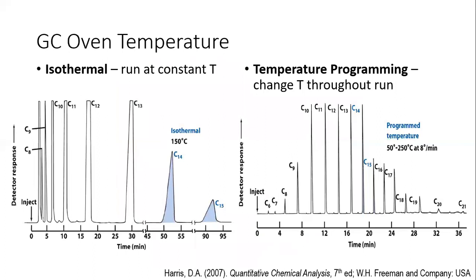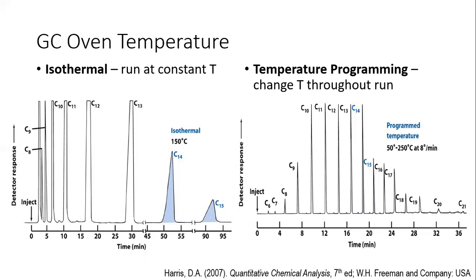Another factor that you need to determine when you perform a GC analysis is the oven temperature. You could either perform an isothermal run, which means you are performing your analysis at constant temperature, or you could perform temperature programming.